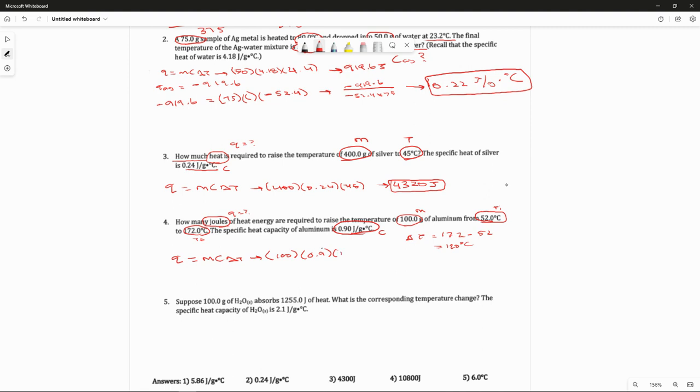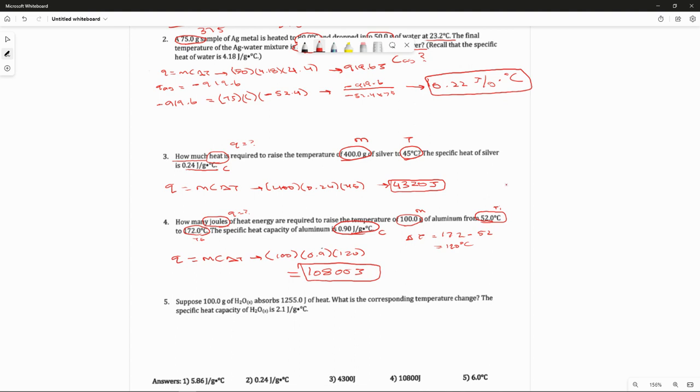So 120 there. And then when you solve all that, you should end up with 10800 joules. If you wanted to, you can change that into scientific notation, but I'm not going to do that here. So your Q required is 10,800 joules.